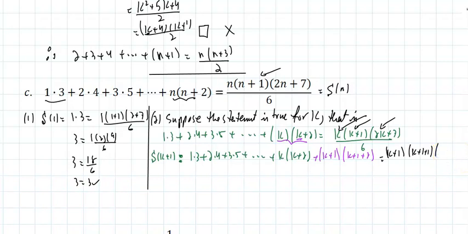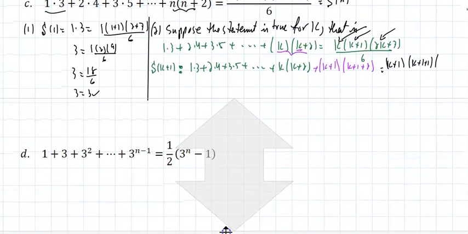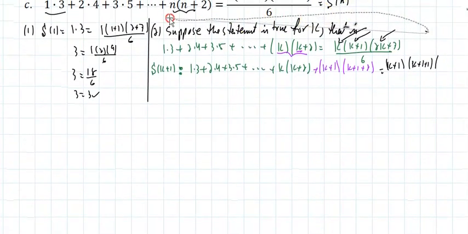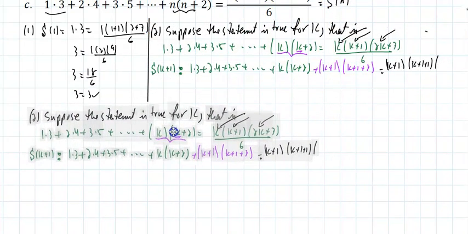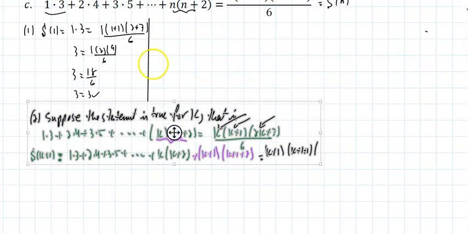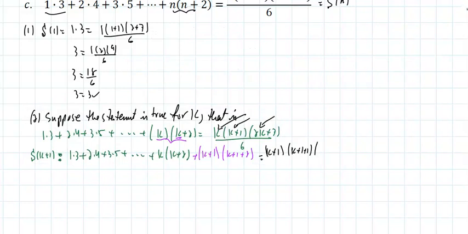Okay, I have plenty of space, so I'm going to move all of that down there and really expand it out. I don't want to squish anything. So the right side, we said, replace that k by k plus 1 into k plus 1 plus 1 into 2 into k plus 1 plus 7 all over 6.